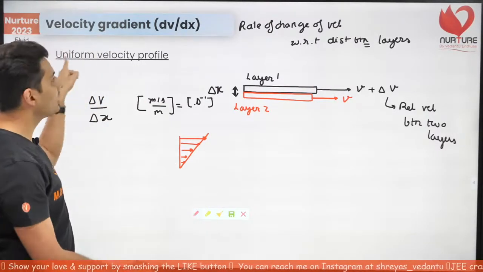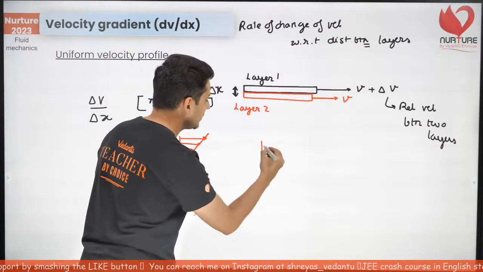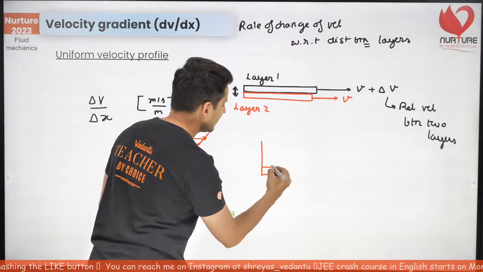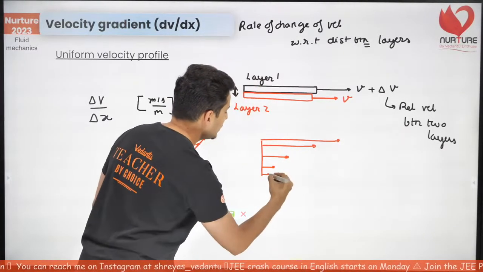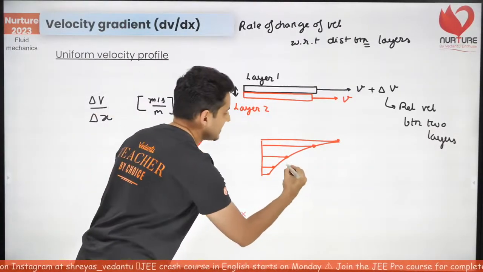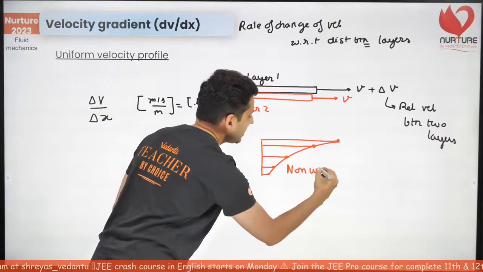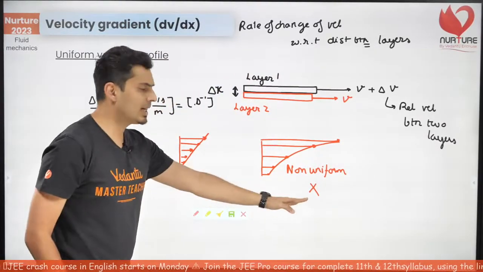That is called uniform velocity gradient. Non-uniform means if you draw the velocities like this, then like this, and connect all of them, it becomes curved. This is non-uniform velocity gradient, but in JEE syllabus we do not have it.